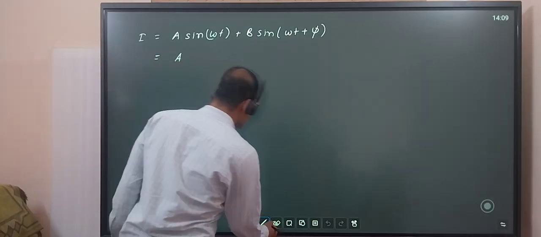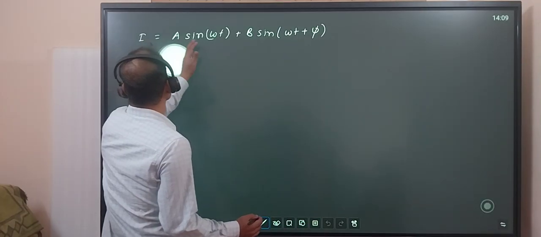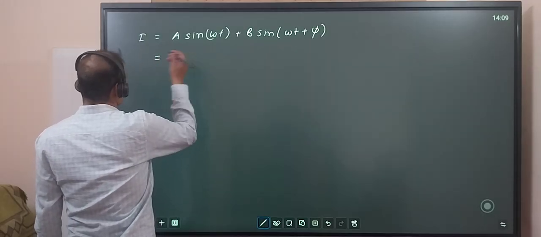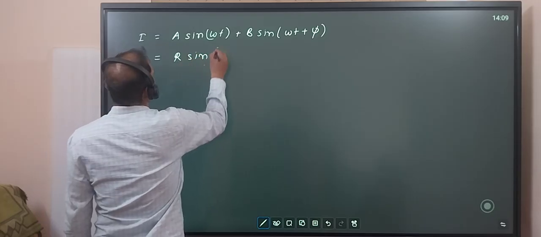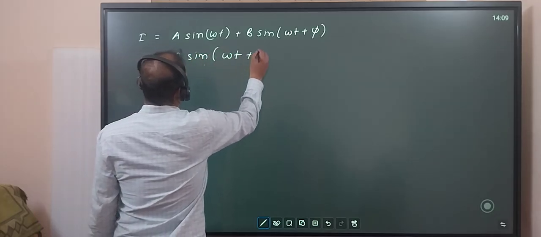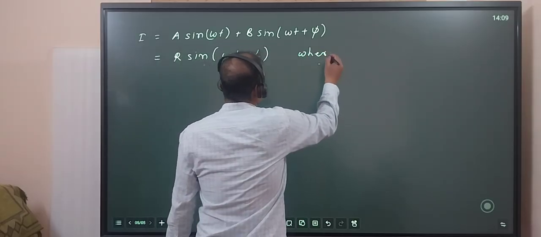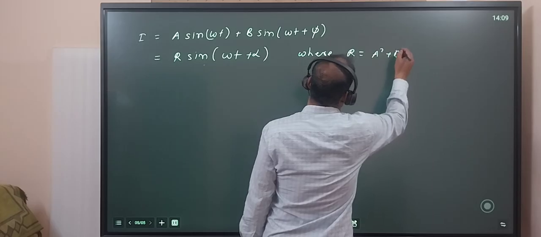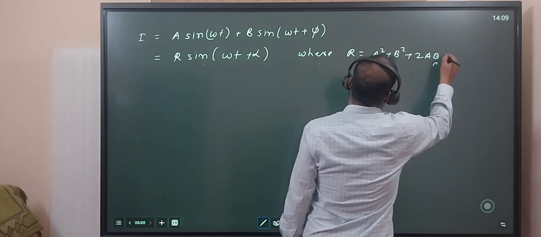What we get here is r sin omega t plus alpha, where r was a square plus b square plus 2ab cos alpha.